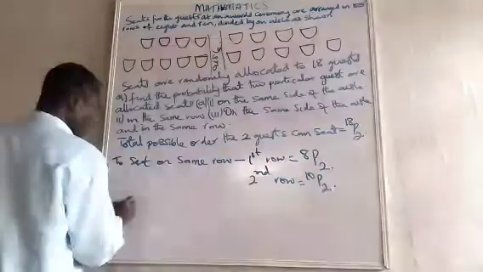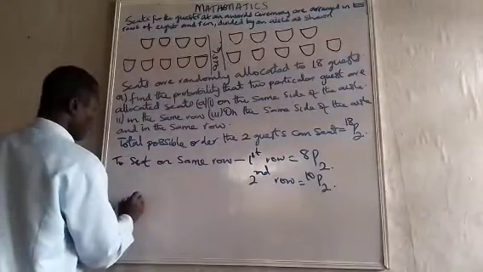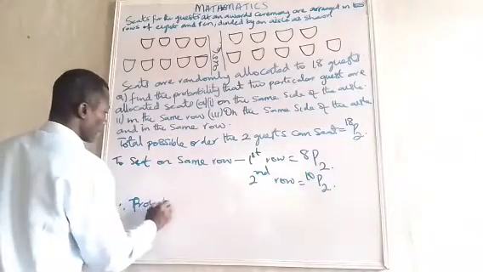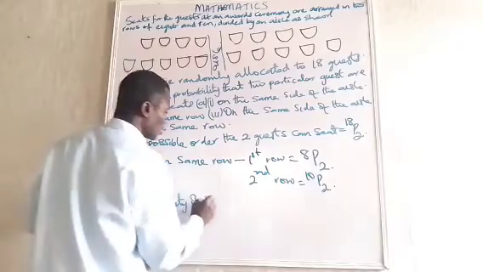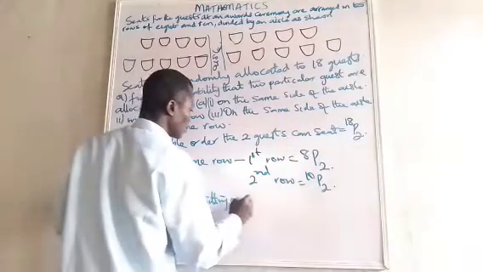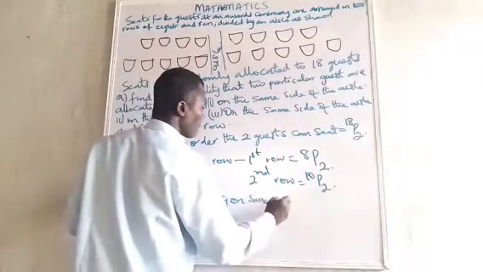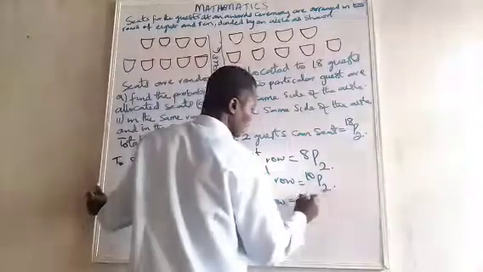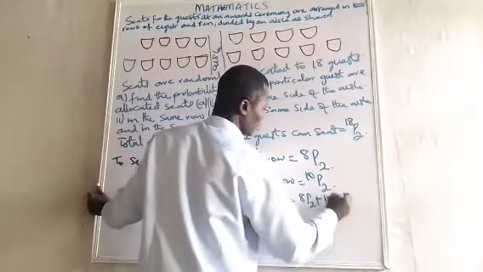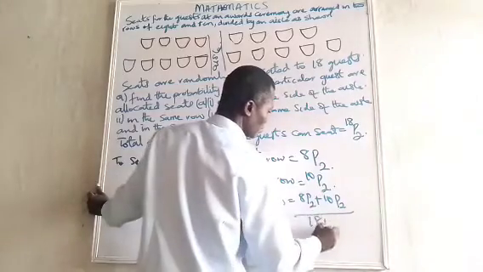So the total probability of sitting on the same row will be equal to 8 P2 plus 10 P2 divided by 18 P2.